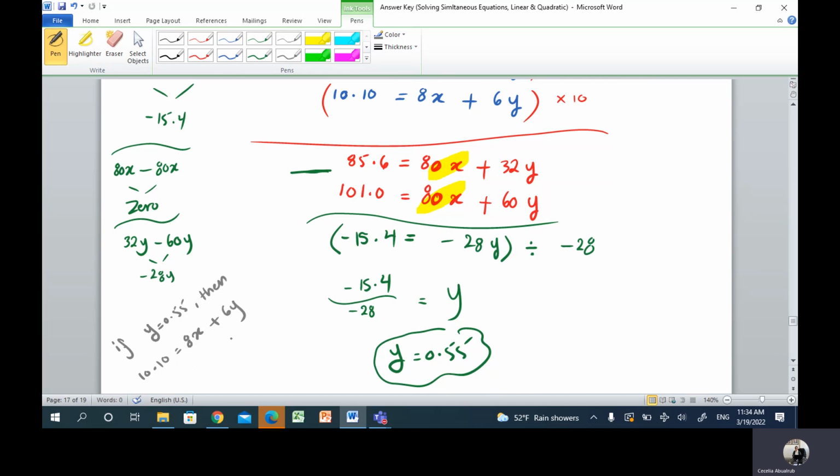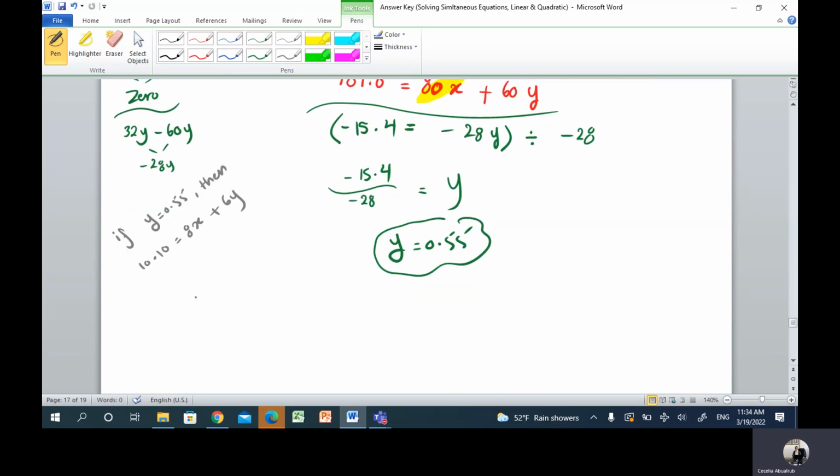Let's substitute the value of y. It means 6 times y, so 6 times 0.55. So 10.10 is equal to 8x plus, now 6 times 0.55, the answer will be 3.3.